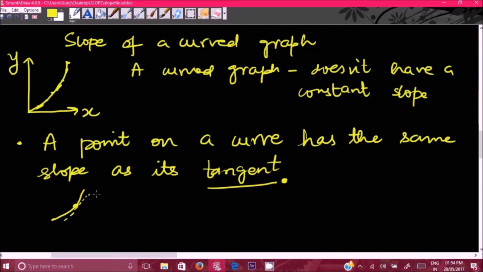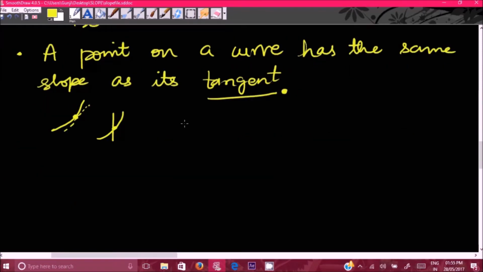A tangent is a straight line that touches a curve at exactly one point, and that too without crossing it, which means the tangent of this point cannot be like this. It cannot cross the curve, so this will be the tangent at this point, which means that if we find the slope of this tangent, that will be the slope of that point.